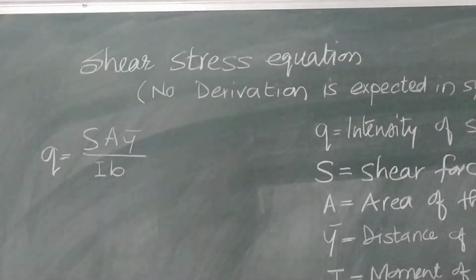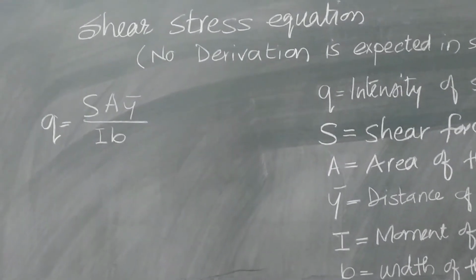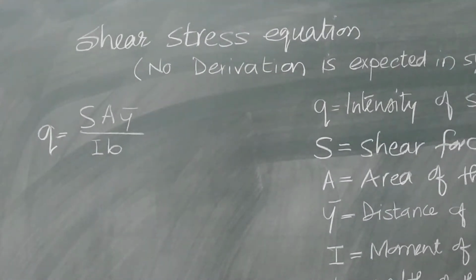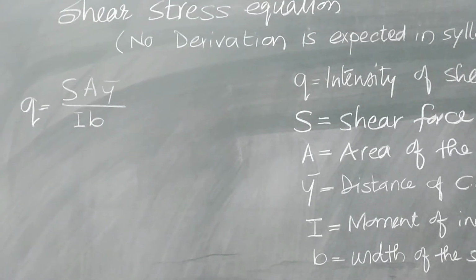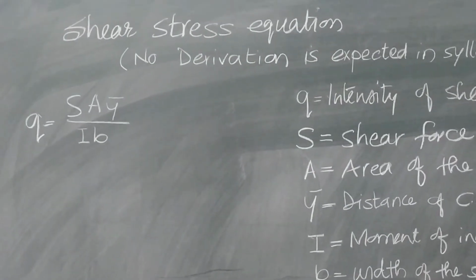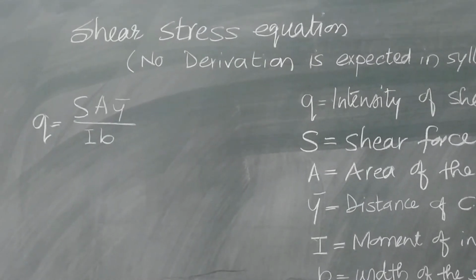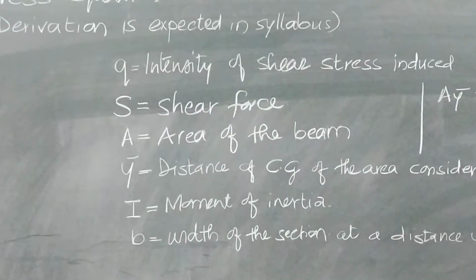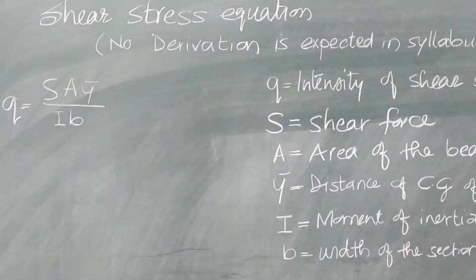Before that, we have to study shear stress distribution for different sections. So, you have to learn this equation by heart. We will write it down somewhere in a corner. q is equal to S A y bar upon I B. Take a note of this shear stress equation.